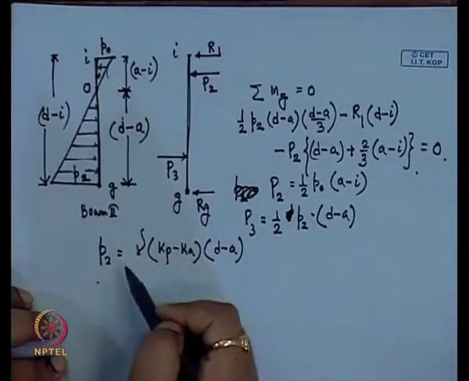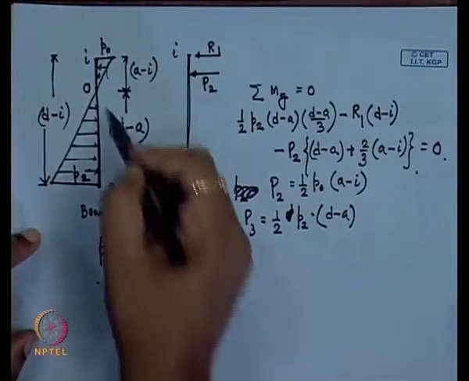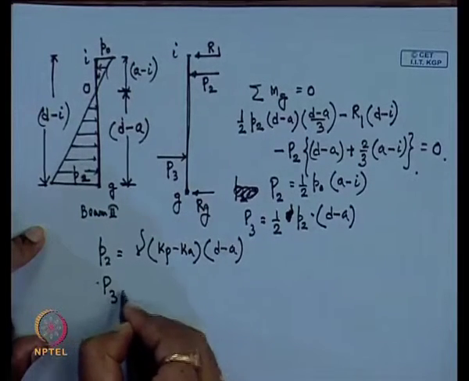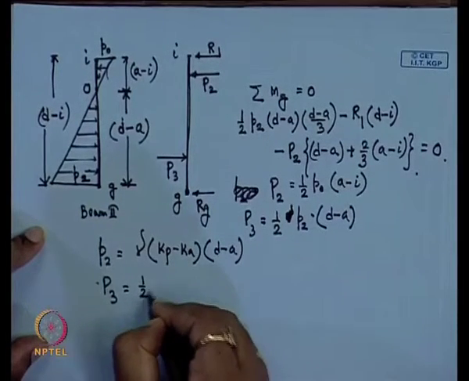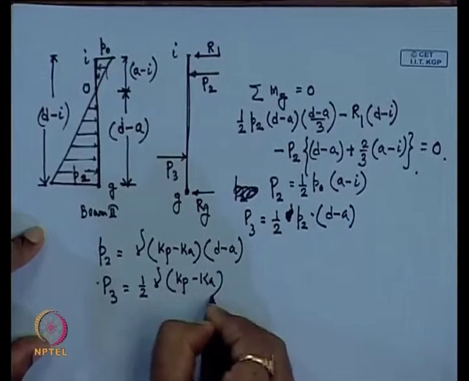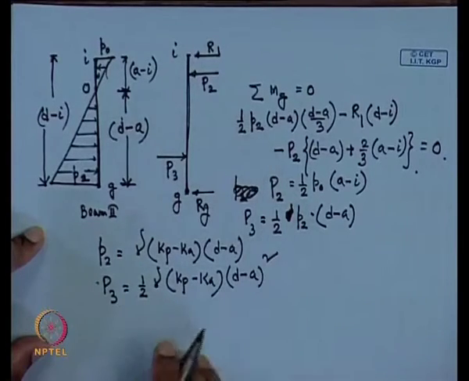So, that is gamma of this level into the difference of the two coefficients into that height D minus A. So, if I put this value, the capital P 3 value is half into gamma into K p minus K into D minus A whole square.